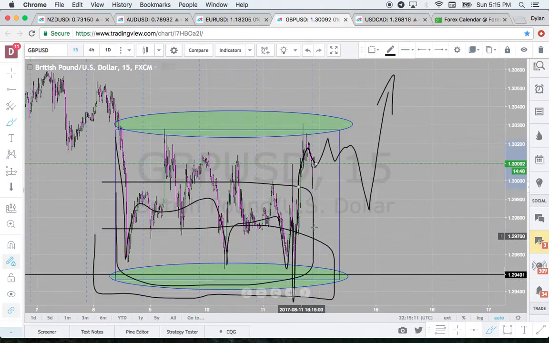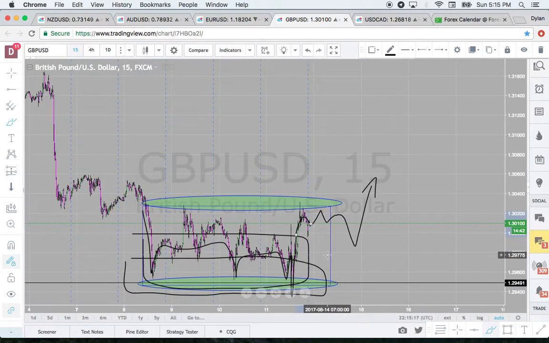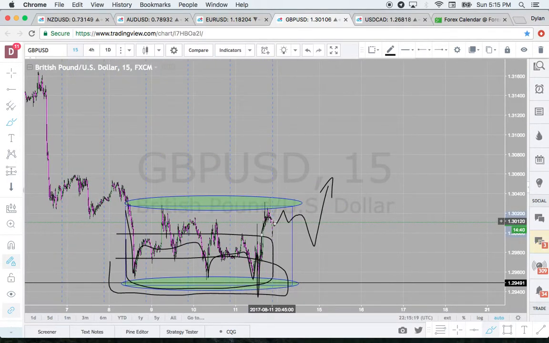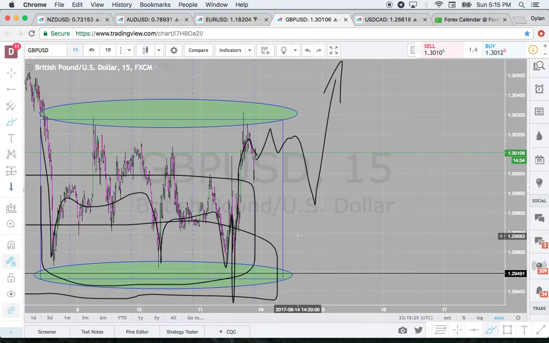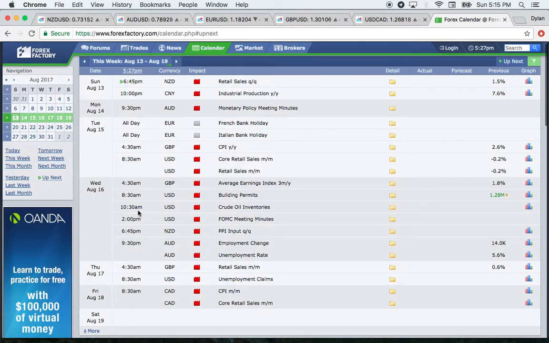So all this liquidity in here will continue to be trapped until price moves back down and consolidates in that area. So expect that. Just know that could definitely be a possibility. Let's look at the GBP.